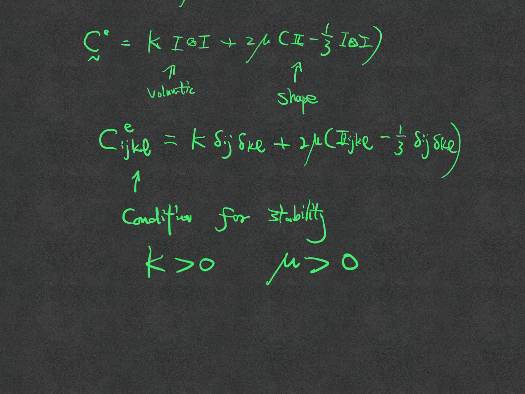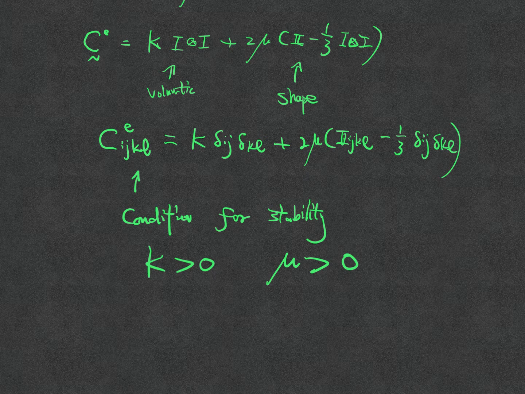Now, how do I achieve that? One way is to make K approach infinity, right? It is so stiff that no matter how much stress I put, I cannot even change the volume, then the material becomes incompressible, right? So what will happen to the wave speed? It would also become infinite, which of course we know is impossible, okay?